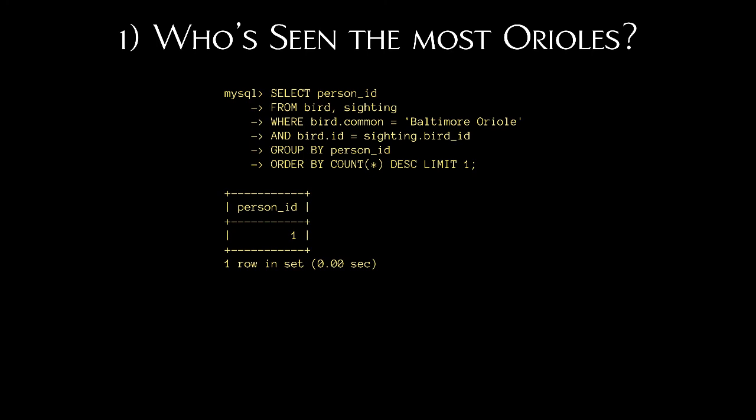And then what I'm doing is I'm grouping by the person ID, the foreign key there. And I'm doing that because my question is, who's the person? So when I group, I must group by some identity of the person. And then I'm ordering by the count of star descending. Now remember, star means everything, but depending on the context, the definition of star might change a little bit.